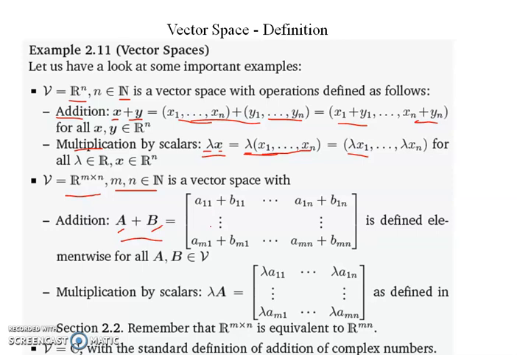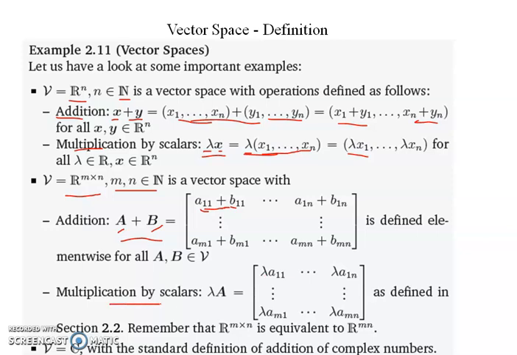The addition will be component wise, that is row by row: if a11 and b11 are the first column of the first row, then the respective column wise addition is performed, and it is defined like this.